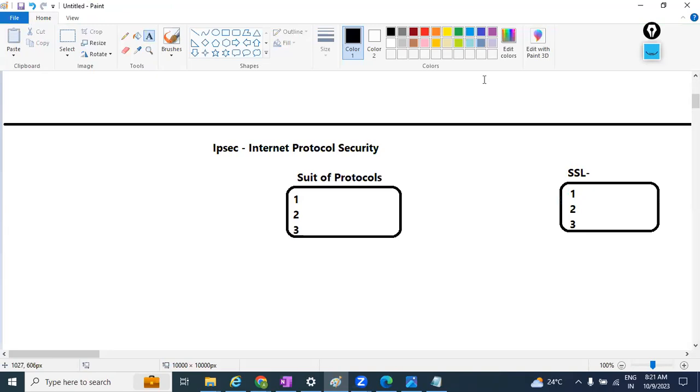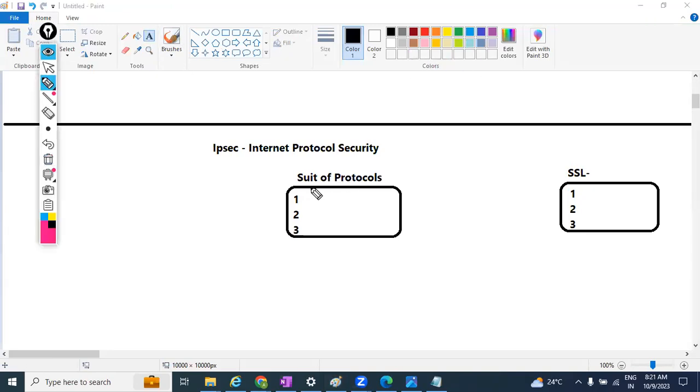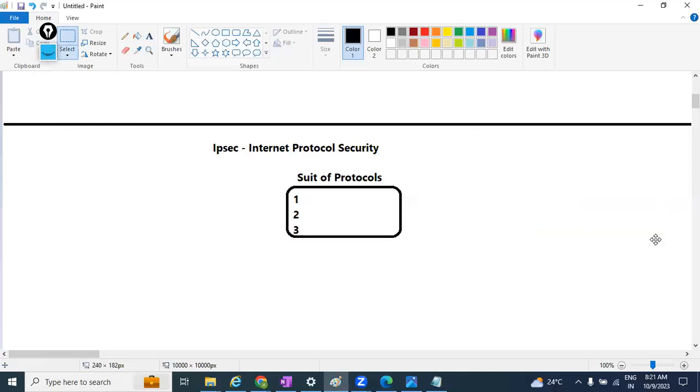So IPsec and SSL are kinds of suites of protocols, and inside them we have multiple protocols. So let's talk about IPsec. There's no discussion about SSL now, because that would be after 15 days.